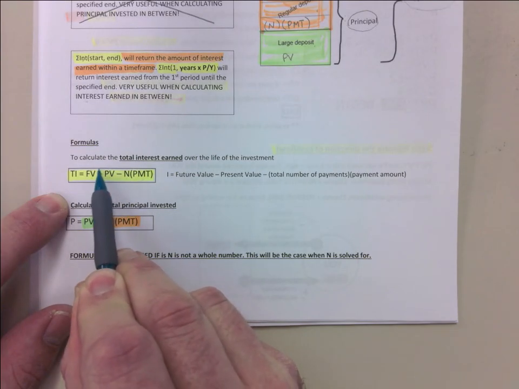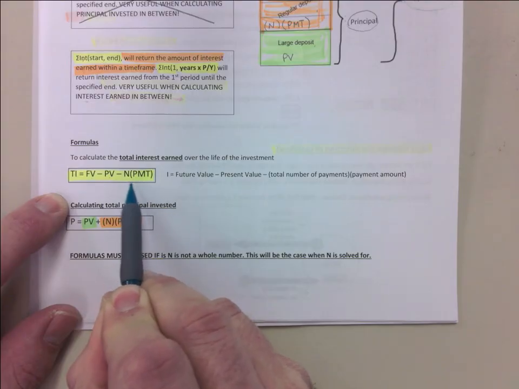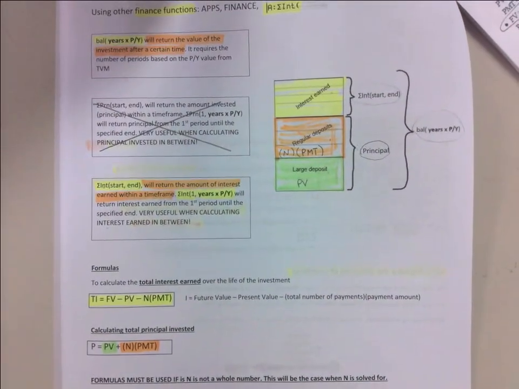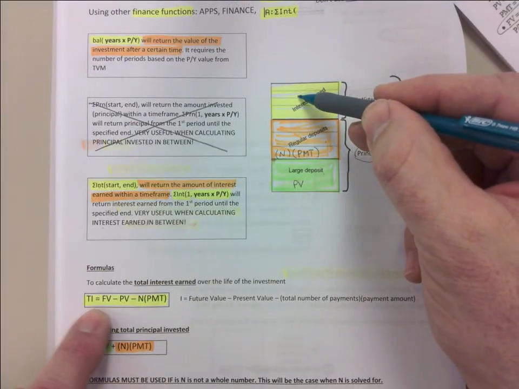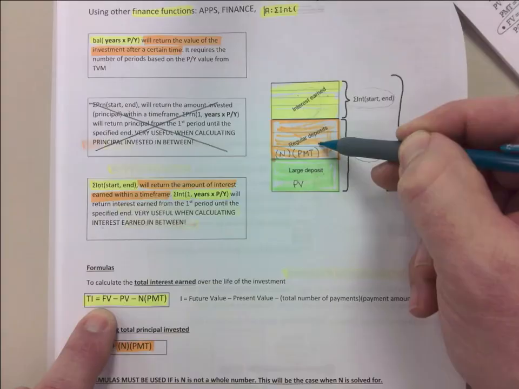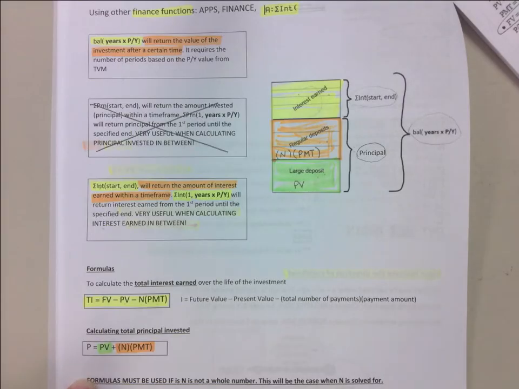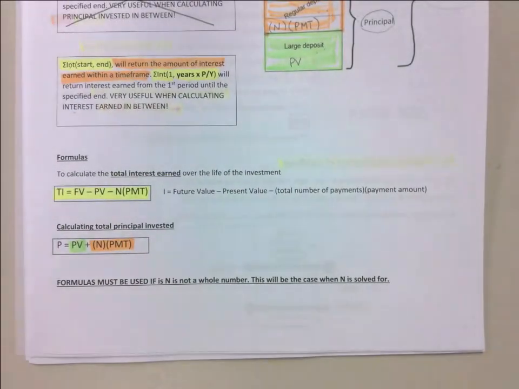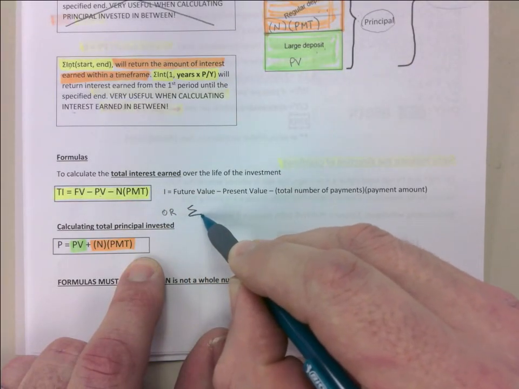So you're taking away the box, the green one that I had in the diagram, and you're taking away what you've contributed monthly or on a regular basis. Okay. So if you want the total interest, you need to take this whole thing, and take away the large deposit and any small deposits you've made. Also on your study sheet. That's your homework. If all else doesn't make it there, you make sure you put that on there. And I will say this, or use sum of interest.